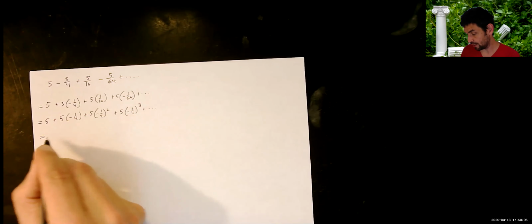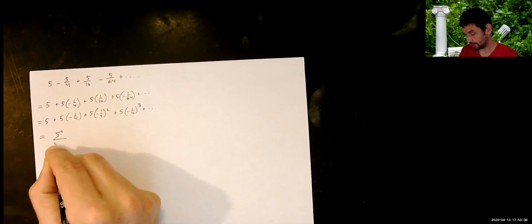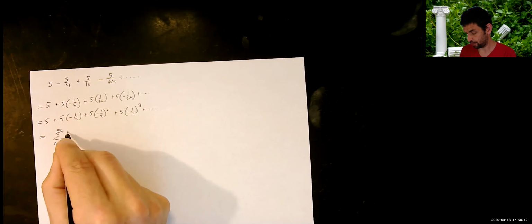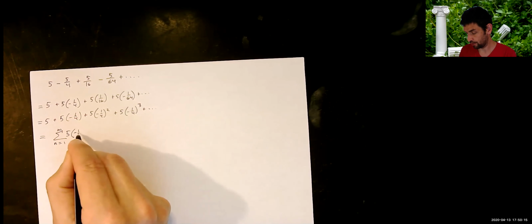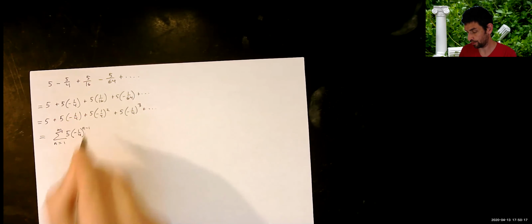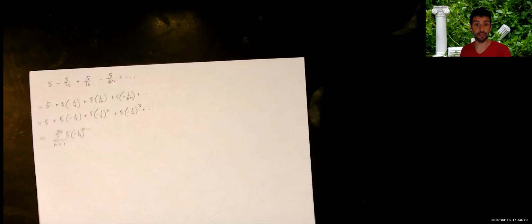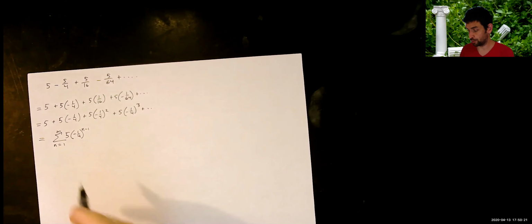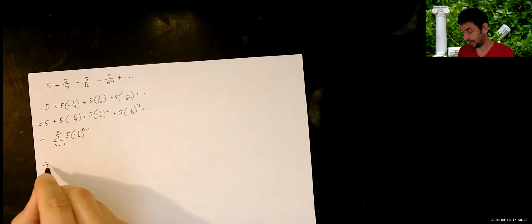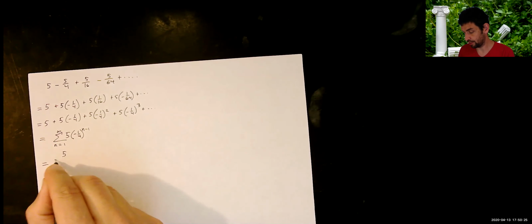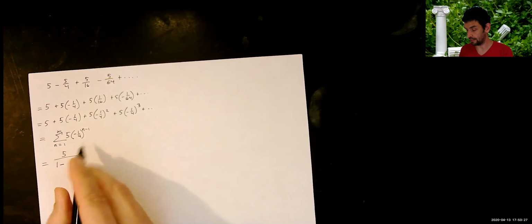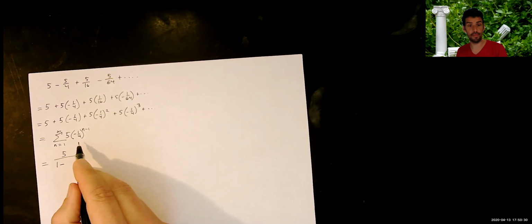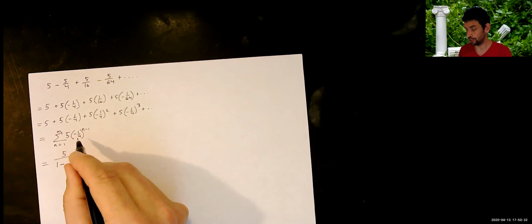And so what we see is that this is just the geometric series where the constant term is 5 and the ratio is -1/4. -1/4 happens to be between -1 and 1. So we have our formula is 5 times 1 over 1 minus, we've got to be careful, 1 minus the ratio.